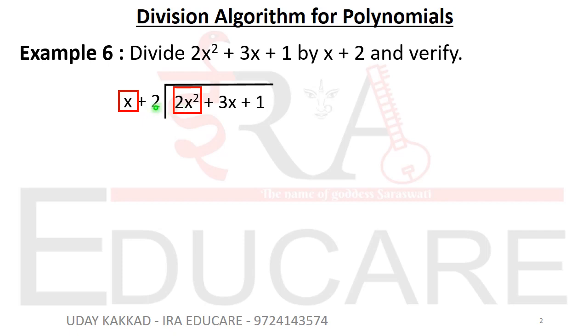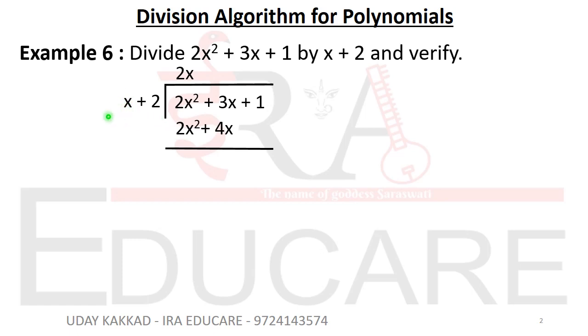So now 2x square is divided by x. So how do you get 2x square? By multiplying x with 2x, you get 2x square, right?